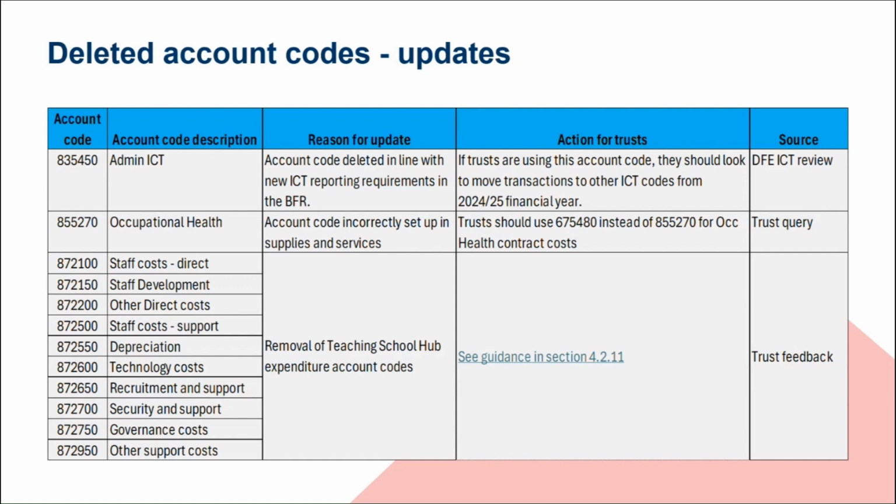So probably the most important sheet to take note of is this deleted account codes list. Firstly, we've deleted the admin ICT cost code. Over the years, we've had a few queries from trusts finding this code a little bit ambiguous, because you've got other areas that pick this up and we don't really know what it's for.